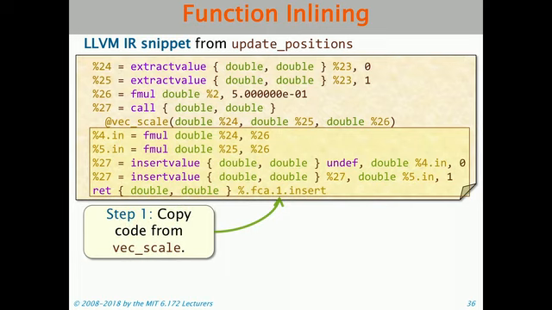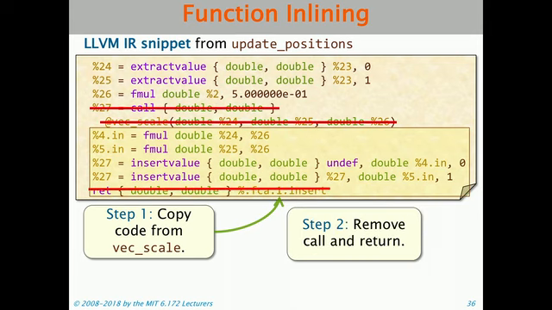We had to do a little bit of renaming to make everything work out. But at this point, we have the code from our function in the place of that call. Now to restore correctness, we don't want to do the call and we don't want to do the return that we just pasted in place. So we'll just go ahead and remove both that call and the return. That is called function inlining.